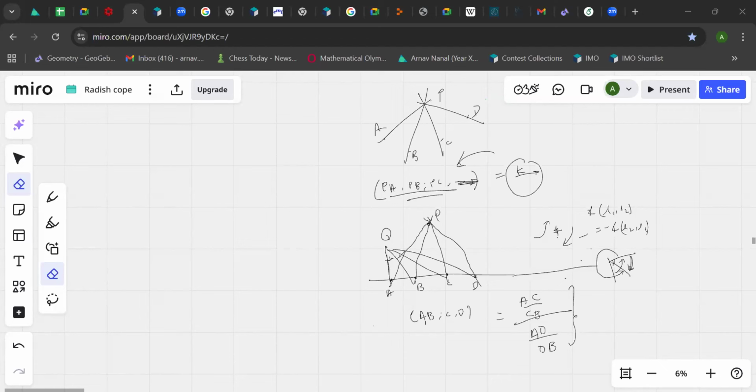Oh no, I think this one is good. Have you done Shortlist 2005 G6? Yeah, that's a known-ish one. Oh my God, you have done everything. I think Ivan has a cross ratio handout, so maybe that will have some problems if you haven't done it. I'm finding it from there.